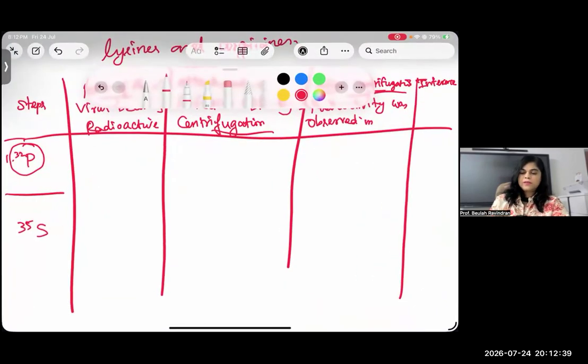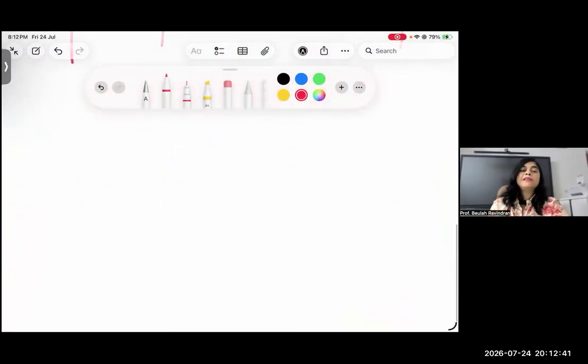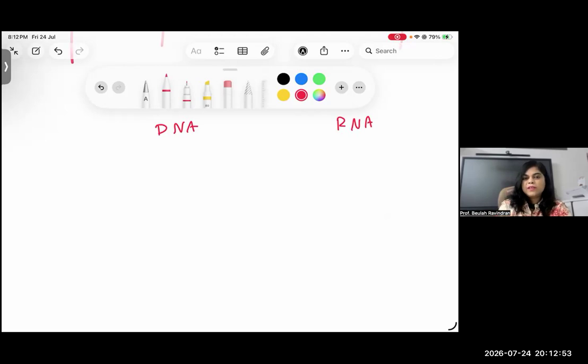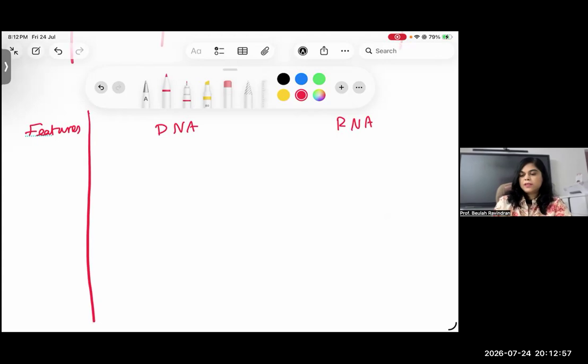Okay. Let me dictate, you can write. Okay. So replication, both replicate. DNA and RNA. Like this you can put. Here you can write the features. Okay. Like this. Features, DNA and RNA.